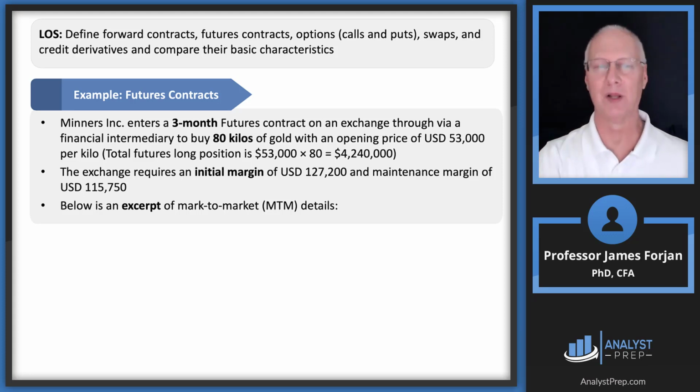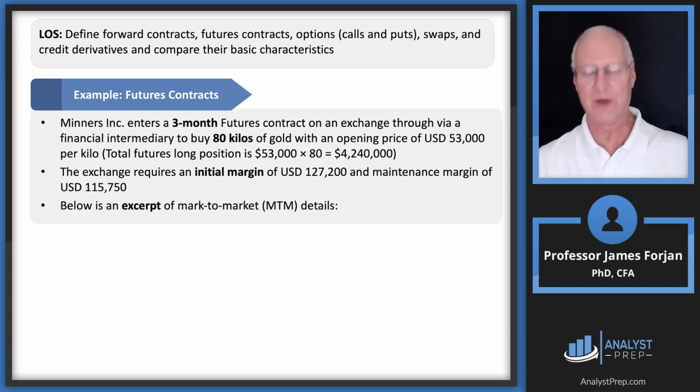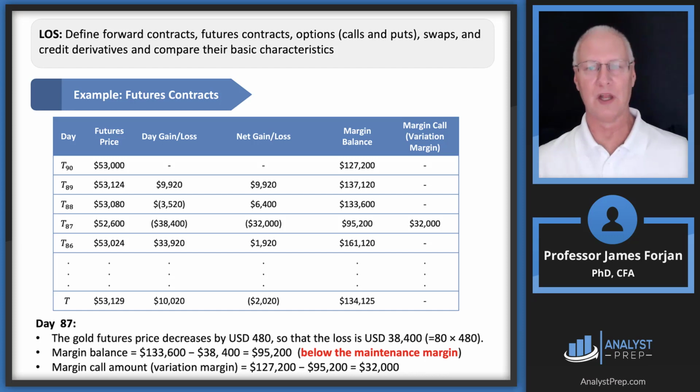It's got to fall below the maintenance margin, so you have to put something in. So the likely question here on this table would be, hey, what happens on day T87? What's the variation margin? That sounds to me like the most likely question. And then you would just put 32,000.